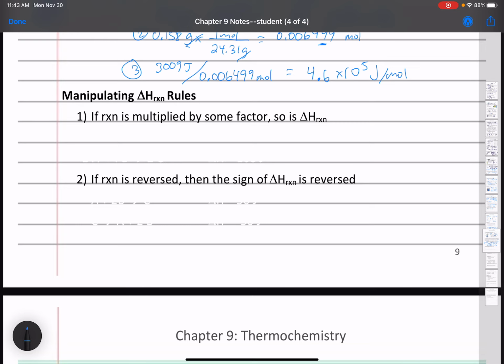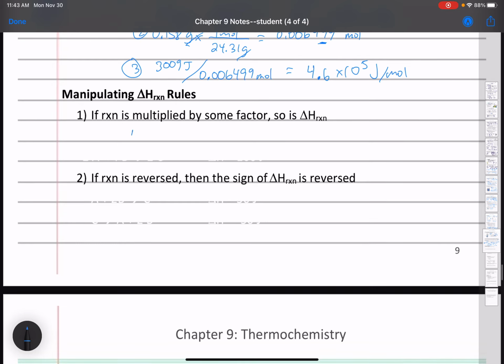So the first rule is a rule of multiplication. If you have some reaction, let's say A plus 2B reacts to form C, and the heat of that reaction, the enthalpy, is 50 joules. If we multiply that reaction by some factor, we're also going to multiply the heat of reaction by that factor.